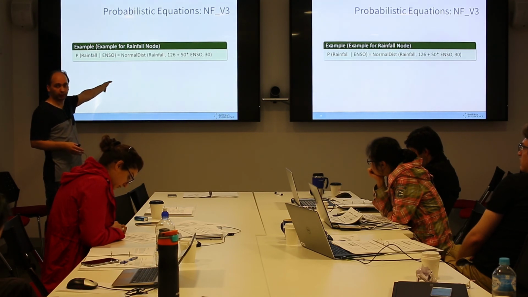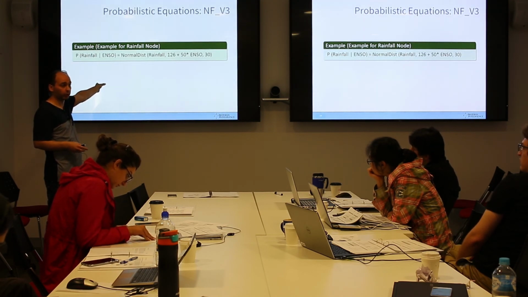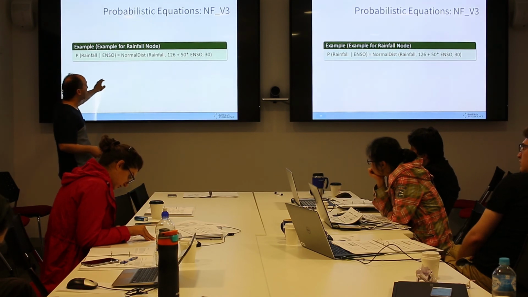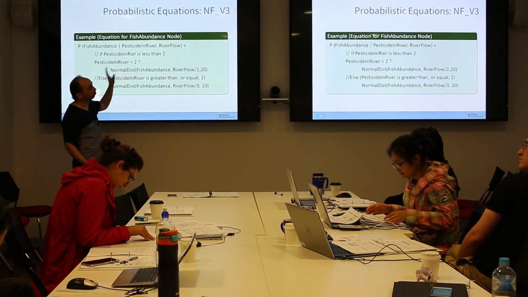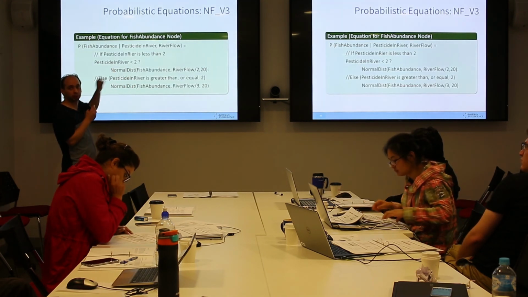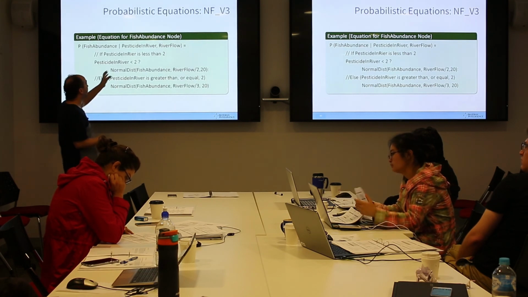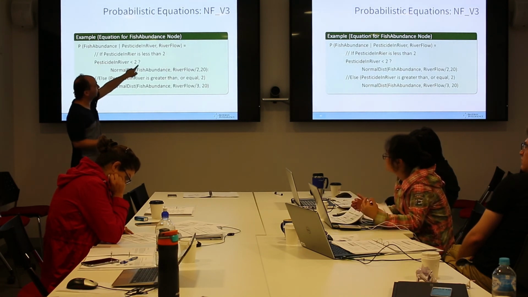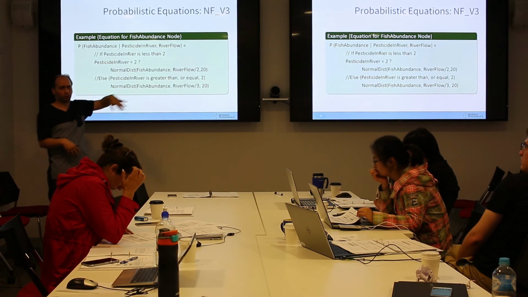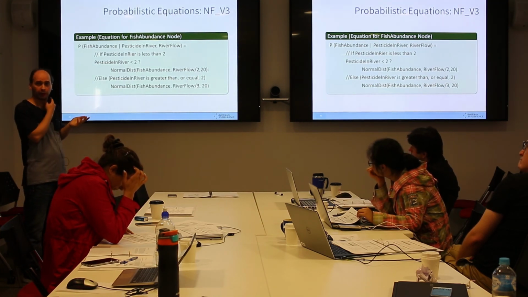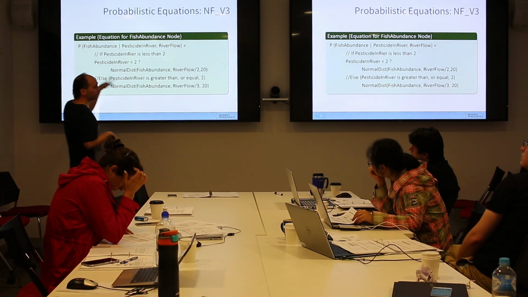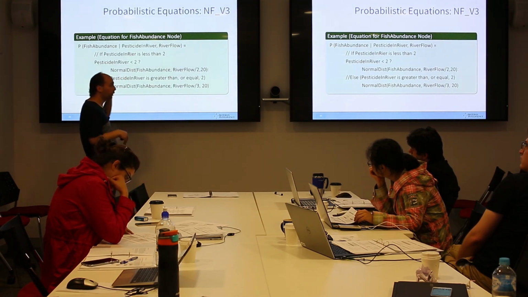Netica's got a huge library of pre-built functions that you can put in, which is really useful. That's useful for continuous variables. If you've got discrete variables, then pretty much your only useful kind of technique or operation is the ternary operator. So you guys are all programmers, possibly not C++ or Java or what have you, but I suspect most of you would have seen the ternary operator at some point.